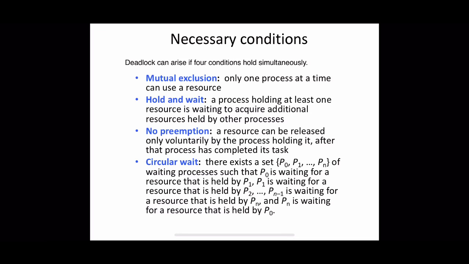This is a circular chain of waiting. That is also a condition for a deadlock. So if all four conditions hold simultaneously in a system, it may lead to deadlock. These are necessary conditions for a deadlock to occur, but never sufficient.